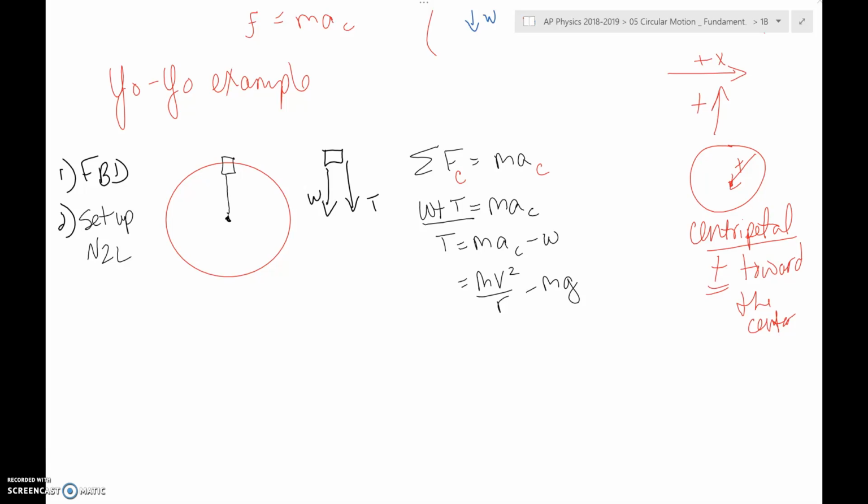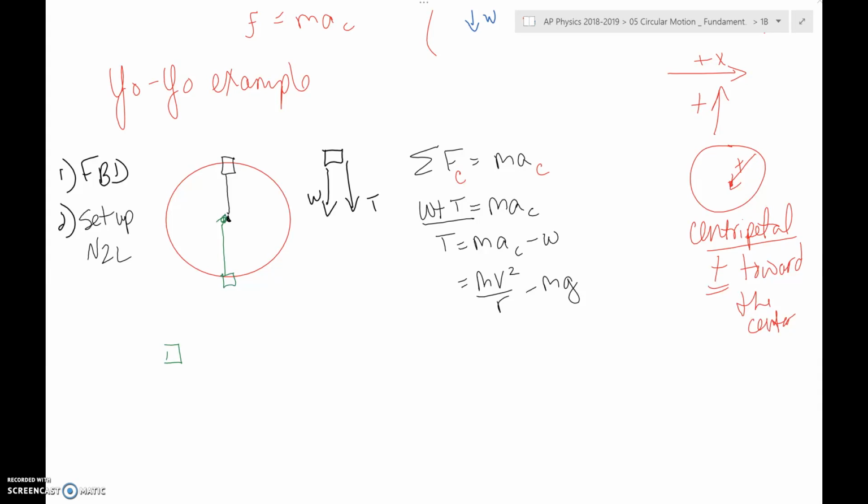All right. So let's try it from another point of view. Let's see what happens to this tension if we say we're dealing with something at the bottom. So here's at the bottom. It's still going to pull in. It's still going to connect to this center of motion. But now when we draw a free body diagram, it looks a little bit different. So what are our forces?